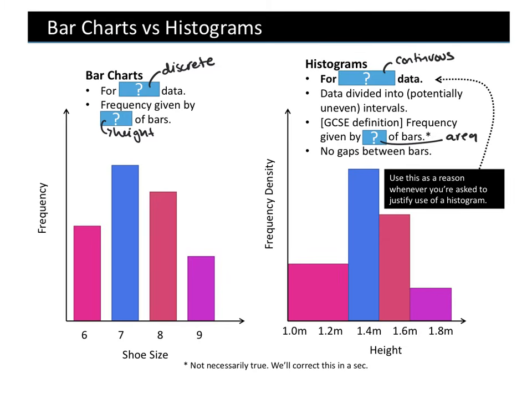So you can also see in bar charts we have gaps. In frequency density we do not have gaps, but sometimes they will say to you, why have you used a histogram, okay? Well, this is because it's for continuous data, okay? Now, even though the GCSE definition is frequency is given by areas of the bars, we are going to look at a bit more in-depth definition.